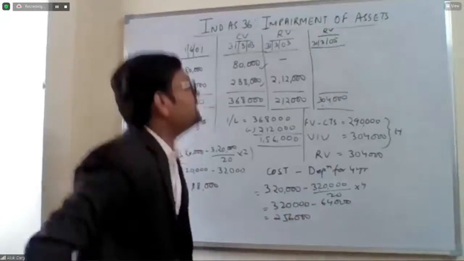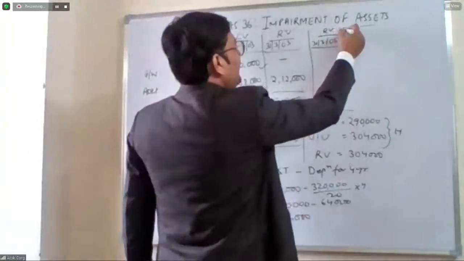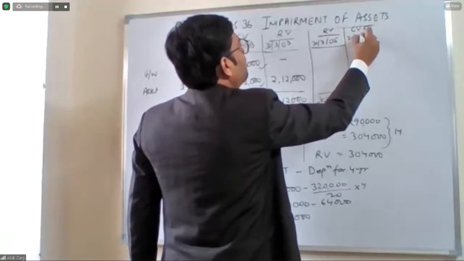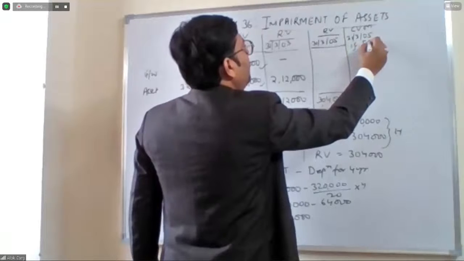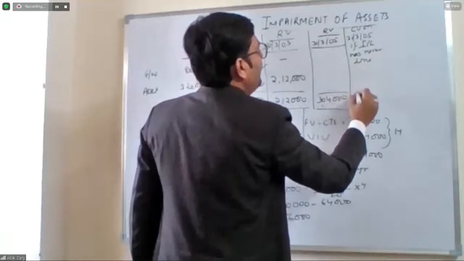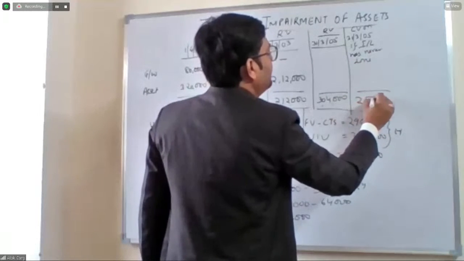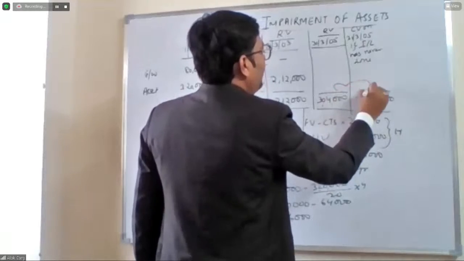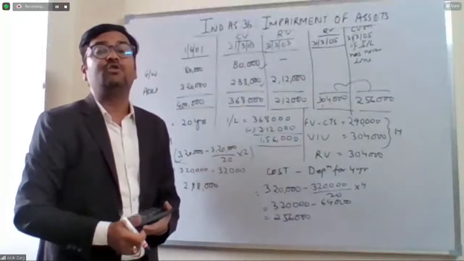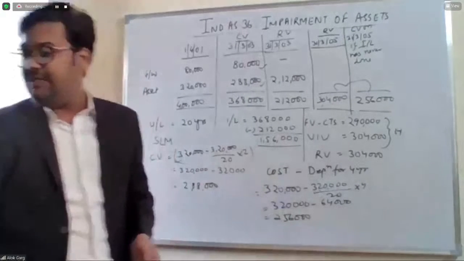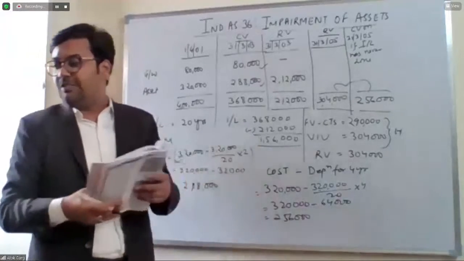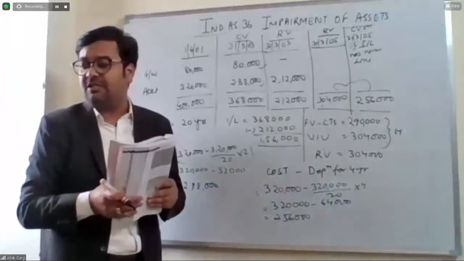So in this case, what is the carrying value on 31st March 2005 if impairment loss had never been done? The carrying value is 2,56,000. So what is lower, 3,04,000 or 2,56,000? Pujita, what is lower? 2,56,000 is lower.